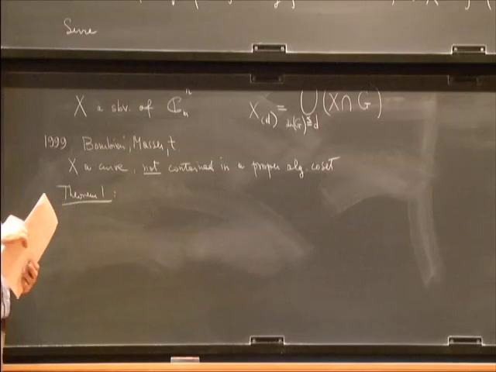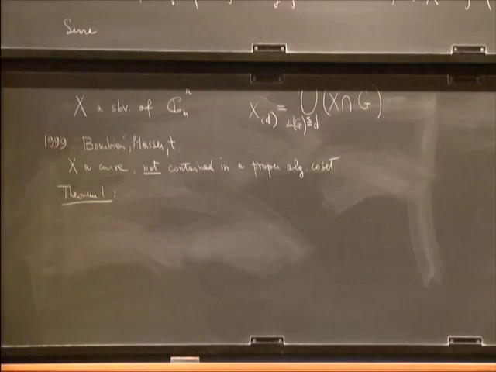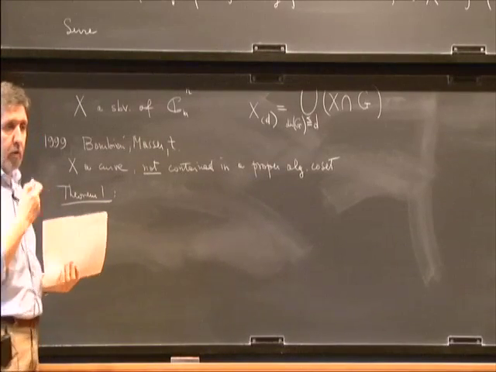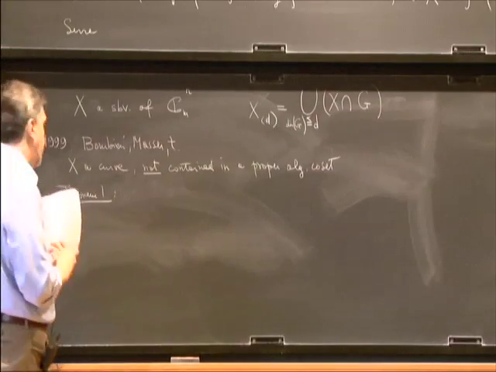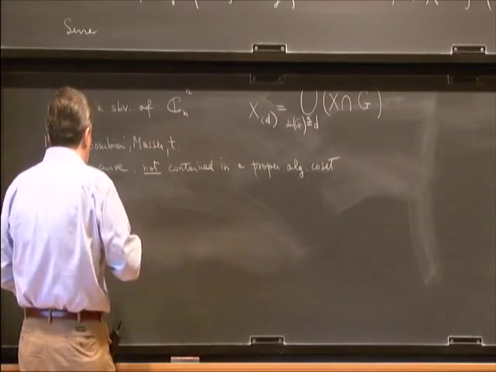And this means that the coordinate functions on X are multiplicatively independent modulo constants. So it is an assumption slightly stronger.